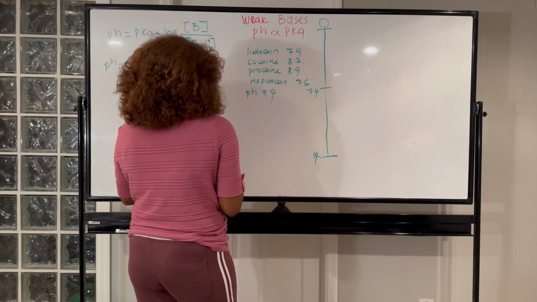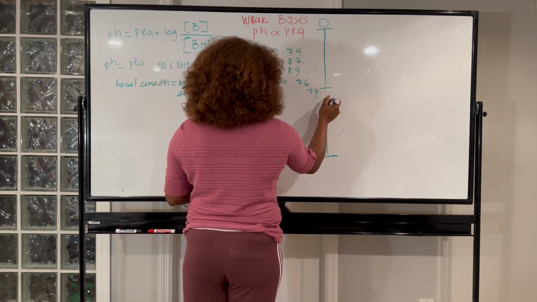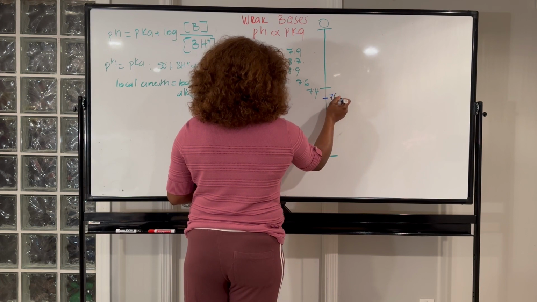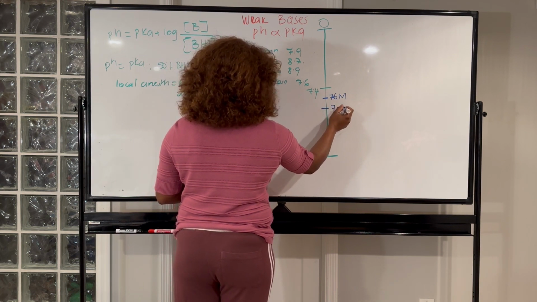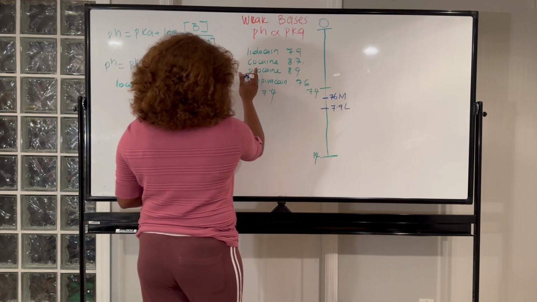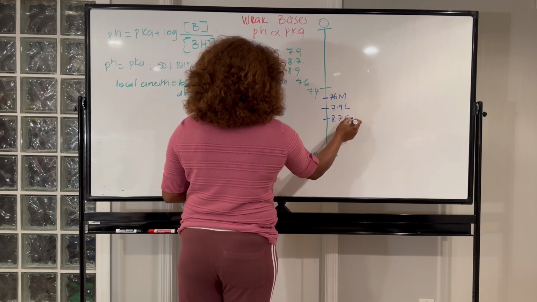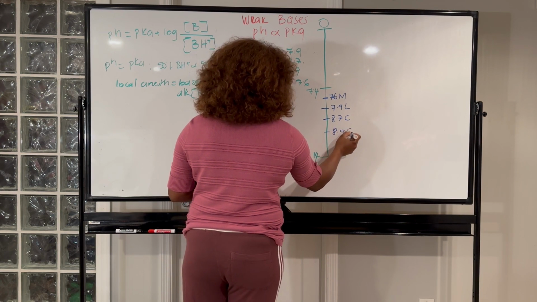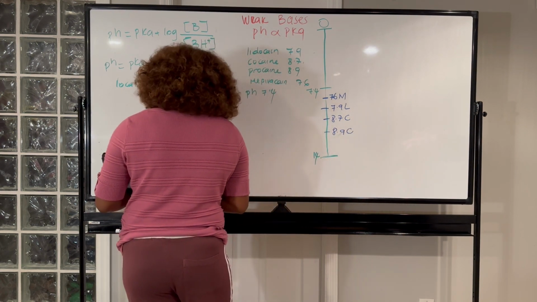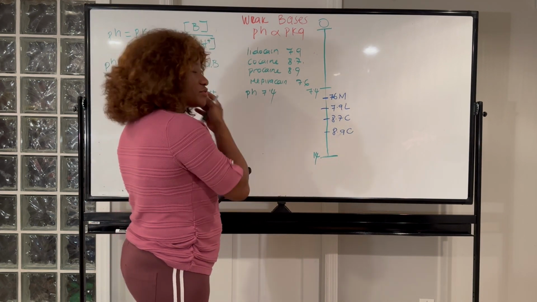And I have mepivacaine 7.6, lidocaine 7.9, cocaine 8.7, and procaine 8.9. Now, which one is going to work better?